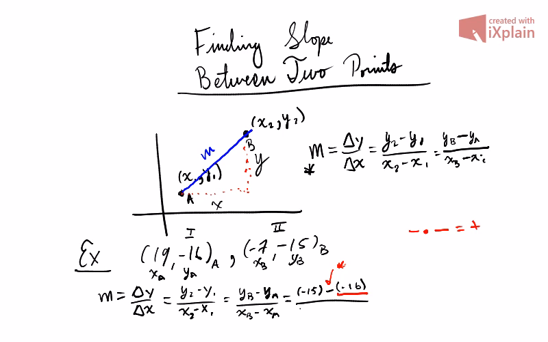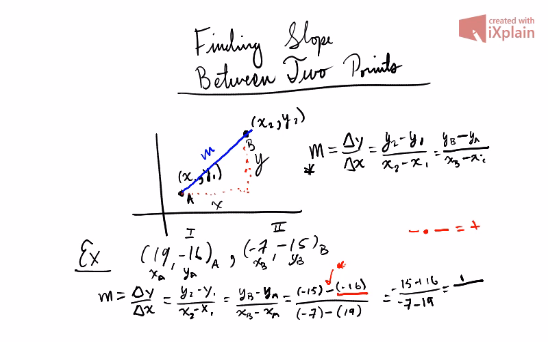On the next one, you have to use parentheses, and I'm going to substitute in my XB, so negative 7 substituted, subtracted, parentheses, 19. This becomes negative 15 plus 16 over negative 7 minus 19. Negative 15 plus 16 is 1.